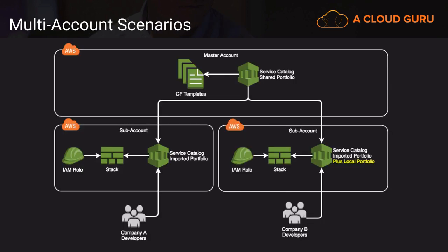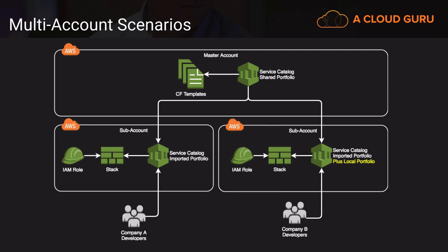Now, service catalogs are also very useful in a multi-account environment. In a multi-account environment, you can share a service portfolio with another account. From the master account, you can share the catalog, and then the recipient administrator in those other accounts can import that portfolio. That portfolio then gets kept in sync with the shared portfolio. So products, launch constraints, and template constraints are all inherited from the shared portfolio.